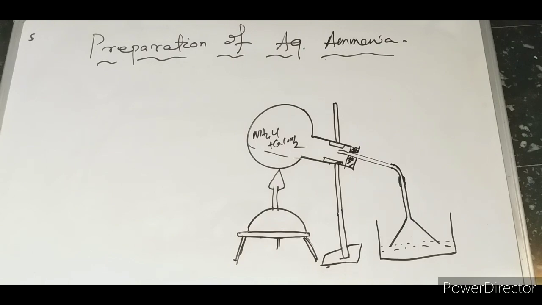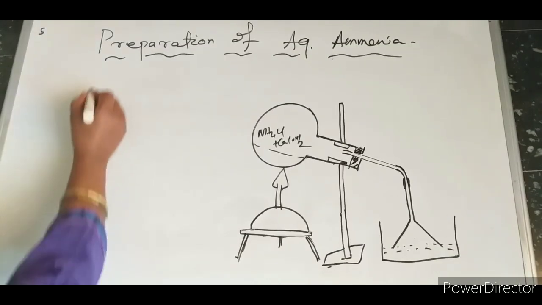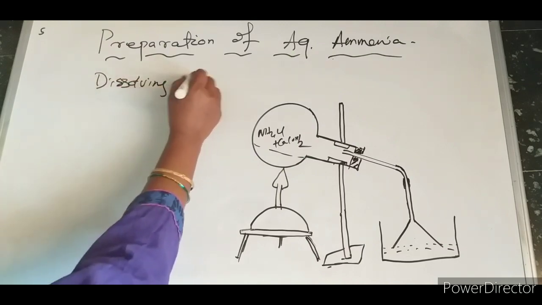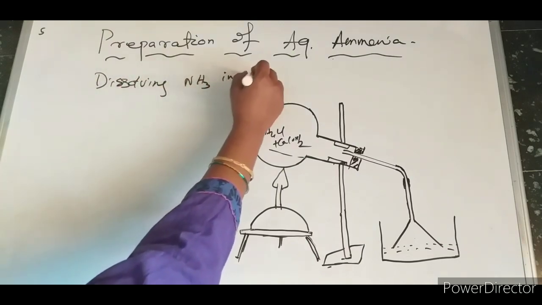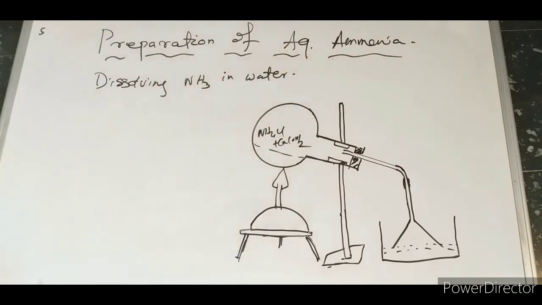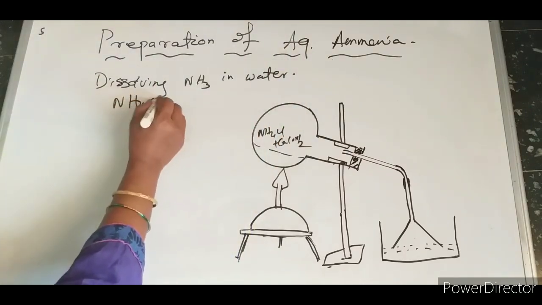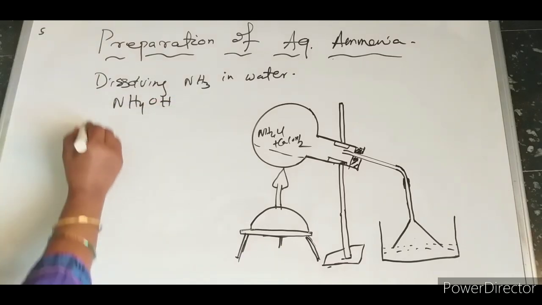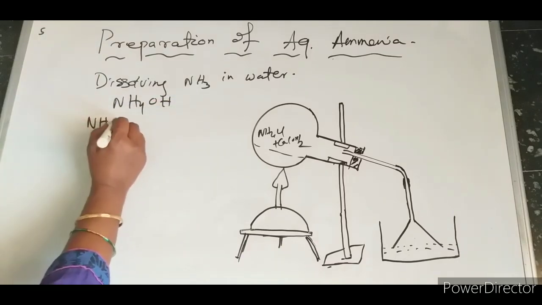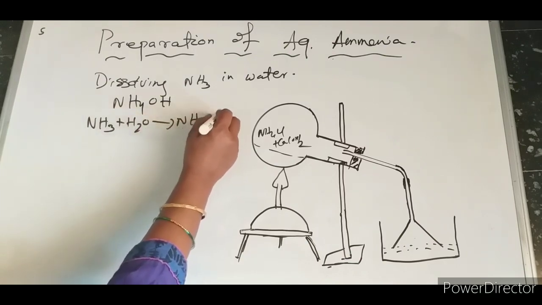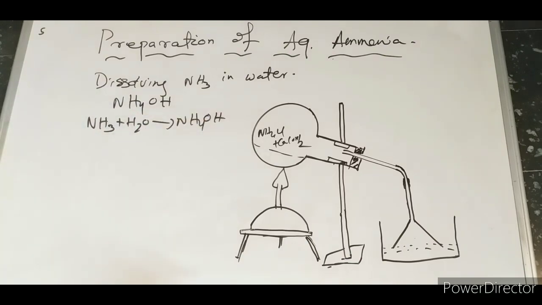Aqueous ammonia is ammonia dissolved in water. Ammonia plus water gives ammonium hydroxide.